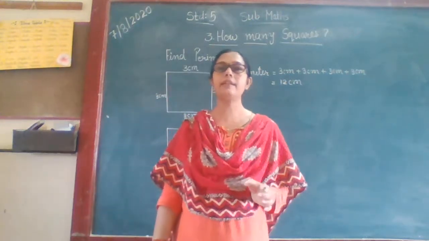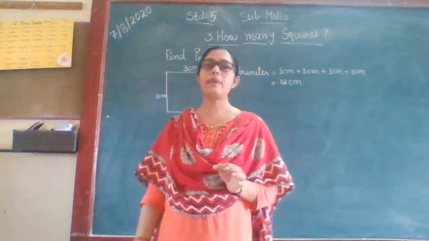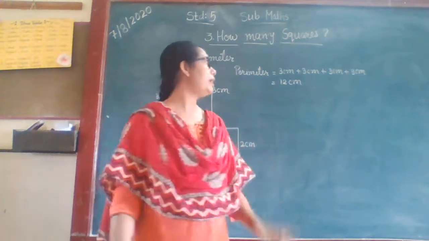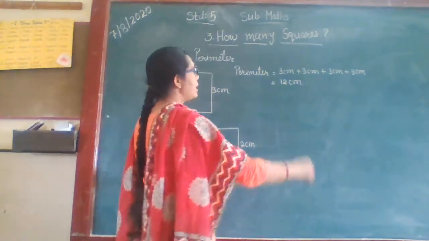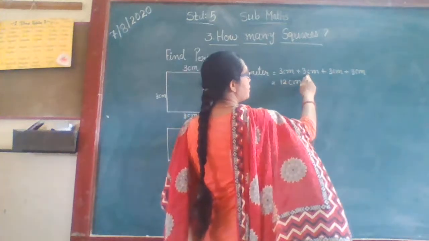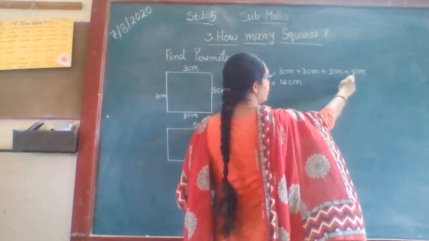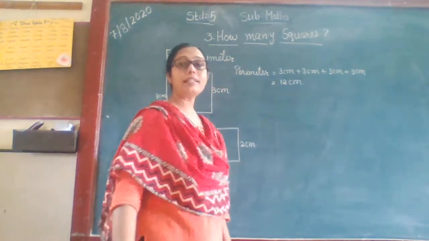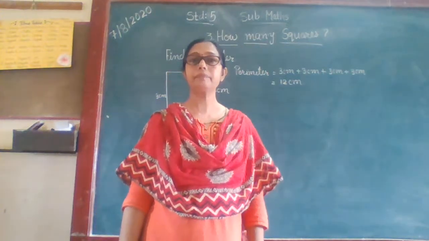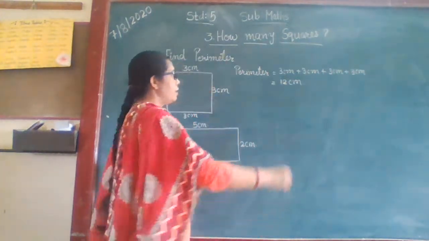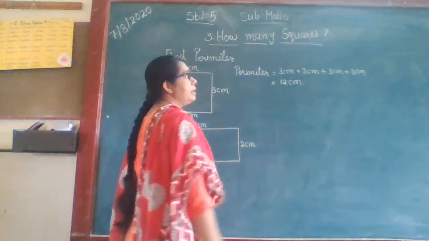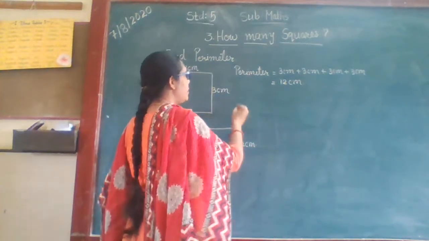Okay. Now we use the formula. How to find the perimeter of a square by using a formula. Students, here you can see that 3 centimeter plus 3 centimeter plus 3 centimeter plus 3 centimeter means repeated addition of 3 centimeter. So here we make the formula.